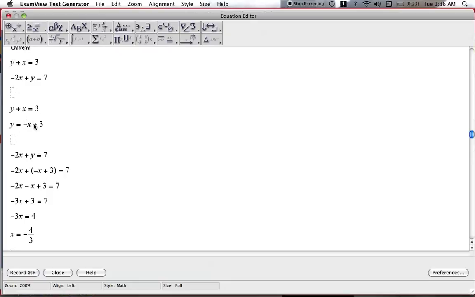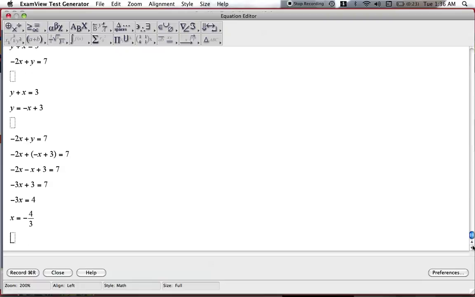I will choose to plug our x value into this equation. Let me rewrite it down below. y equals negative x plus 3.